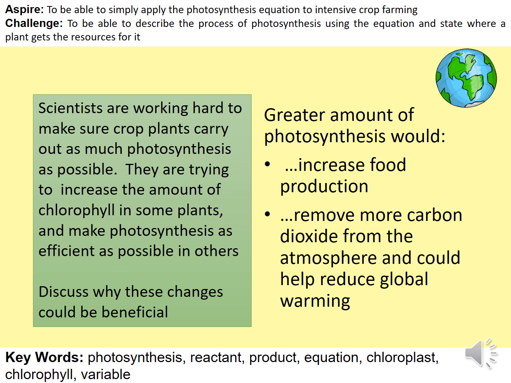If we can remove that carbon dioxide, then that will help reduce something called global warming that you may have heard of. So these are critically important reasons why photosynthesis matters and why we should understand this particular process, not just for our food, but also as an environmental issue that we need to source with global warming.